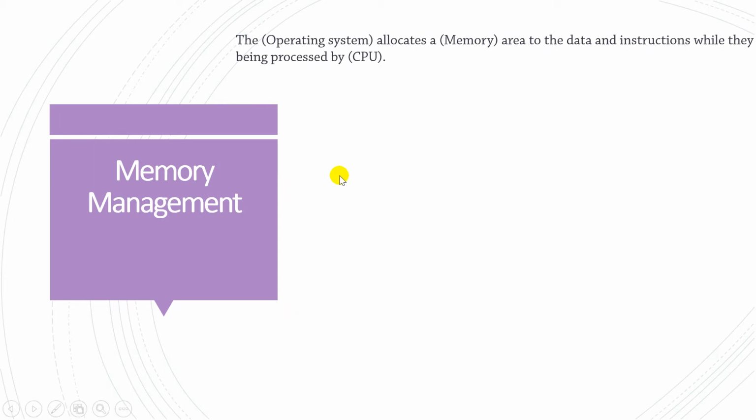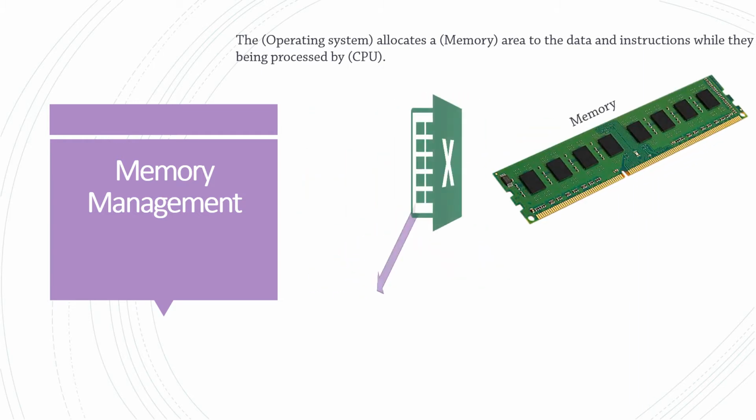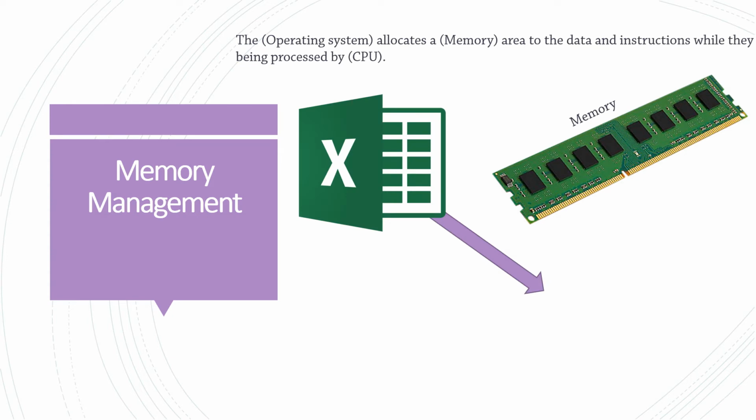The operating system allocates a memory area to the data and instructions while they are being processed by the CPU. This is memory management. For example, I have opened MS PowerPoint right now, and my presentation is open in memory. It is first loaded in the memory or RAM, then the CPU or processor takes the information from memory.